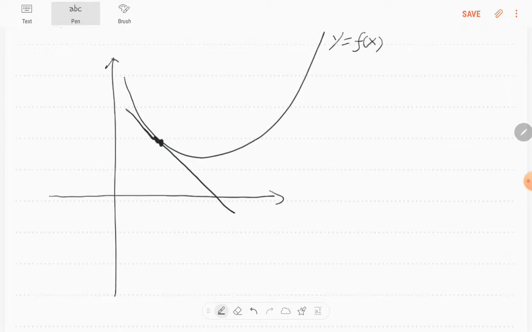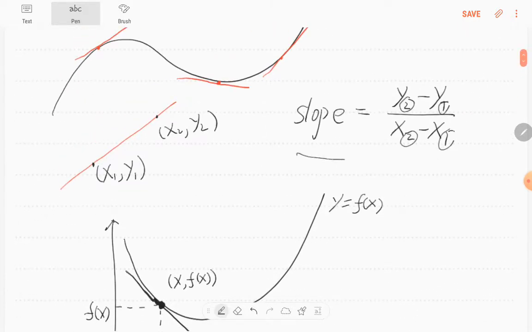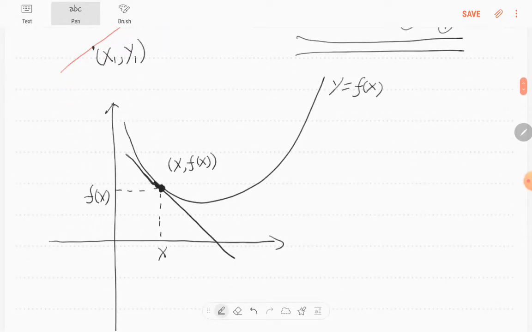If the x value for this point is x, and since y equals f of x, the y value should be f of x. So this point is (x, f of x). Now we want to find the slope for this tangent line. However, we only have 1 point, so we cannot use the old-fashioned formula to calculate the slope.